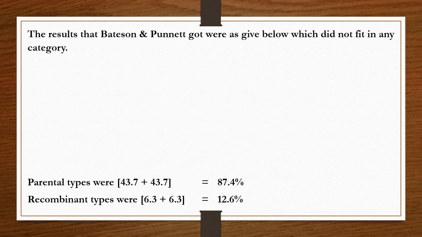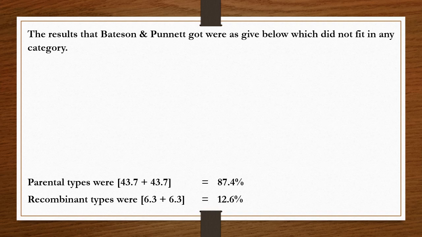In one category, recombinants and parental kinds appear in equal proportion, 25% each, whereas in linkage only two parental types appear, 50% and 50%.